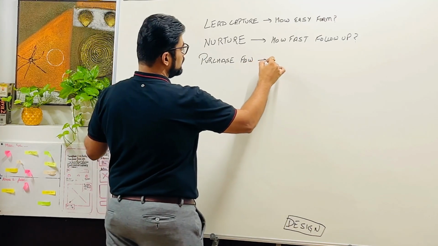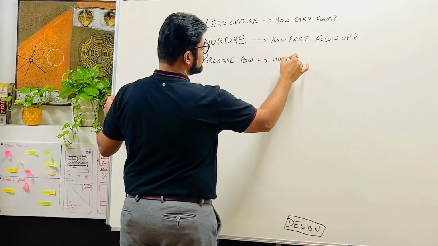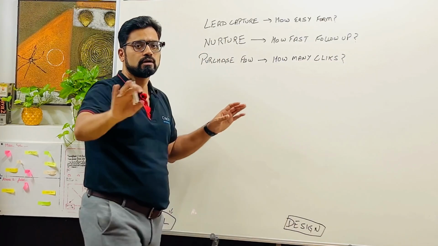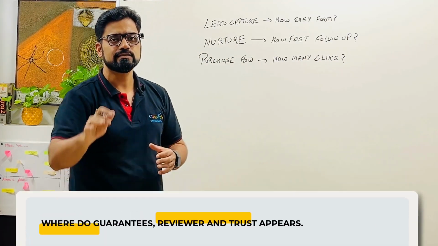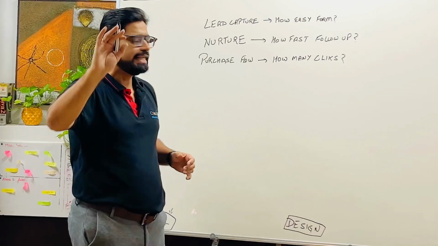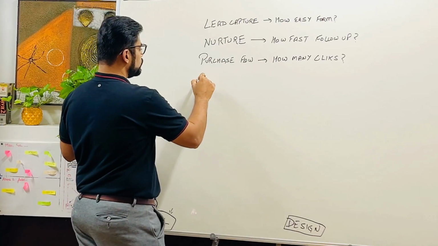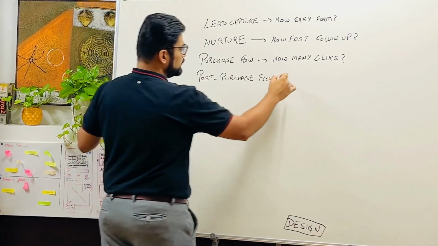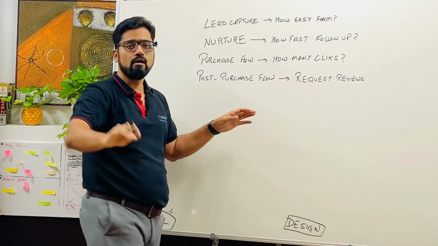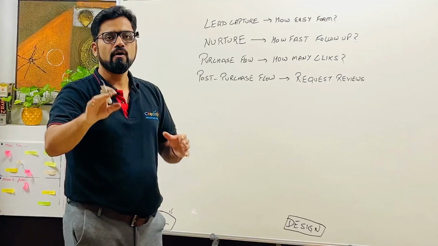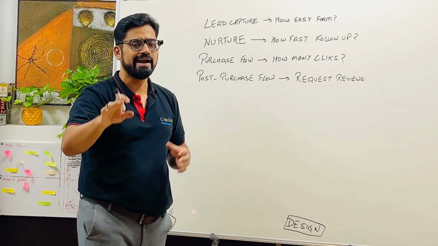Here you need to see how many clicks it takes to book the call, and where guarantees, reviews or trust signals appear, if they appear at all. Then you need to see the post-purchase flow. Do they really request reviews, referrals, or repeat investment, or does contact stop at the payment?